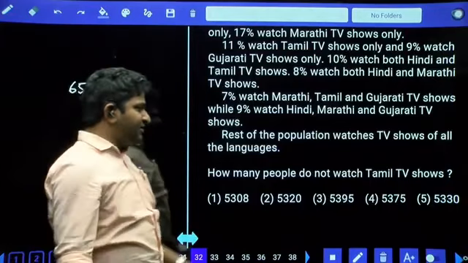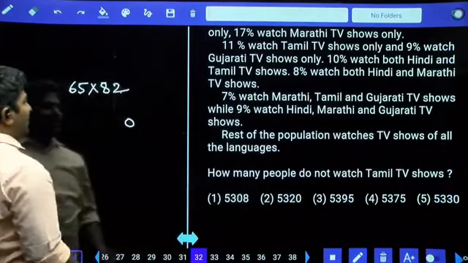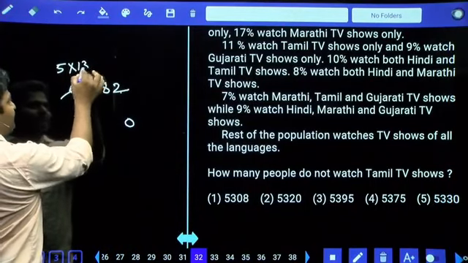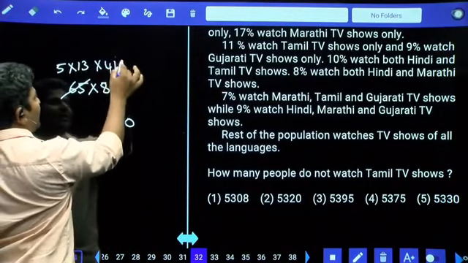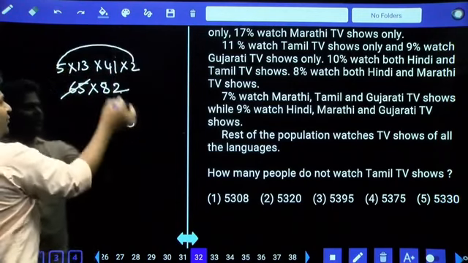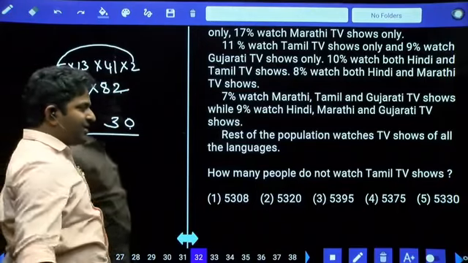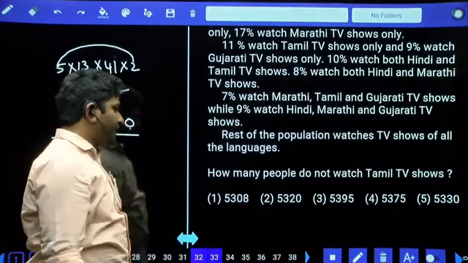How many options are ending with 0? There are two options here. So let's write this number as 5 into 13 and this number as 41 into 2. 2 into 5 is 0. 3 into 1 is 3. Answer must end with 30 and there is only one option.